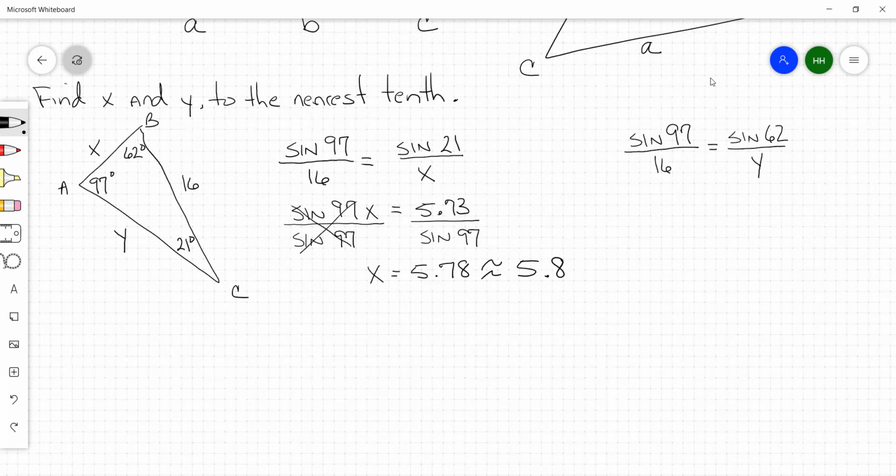Your technique is the same from here out. You take sine 97 times y, and you make it equal to 16 times sine 62, which is 14.13. You divide both sides by sine 97.